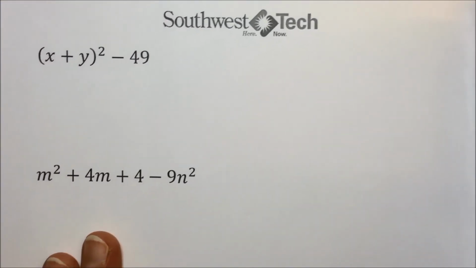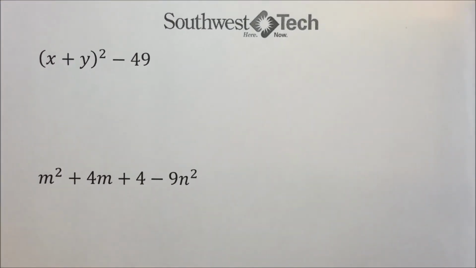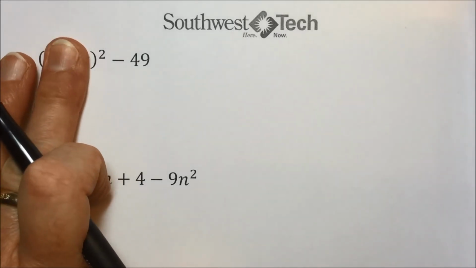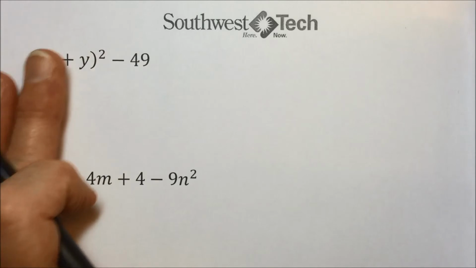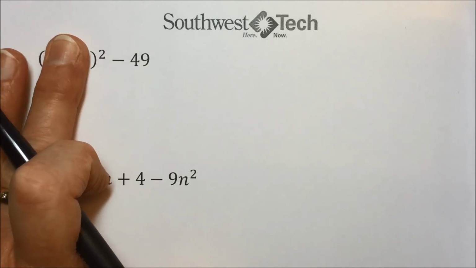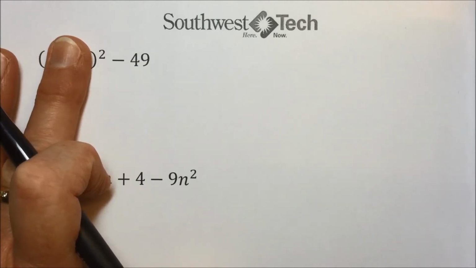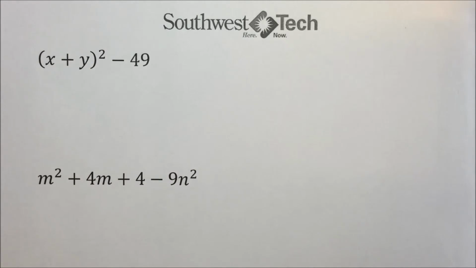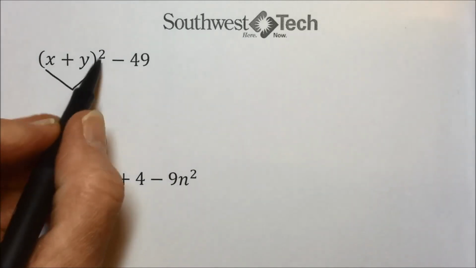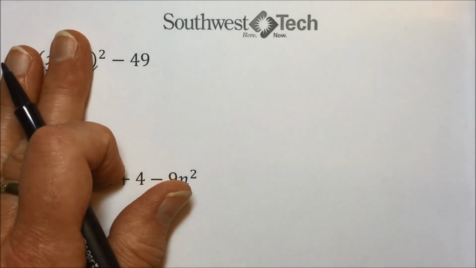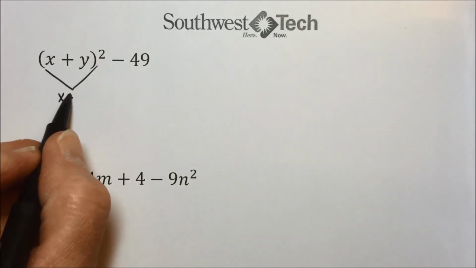A couple other special versions here of difference of squares. Here we have something squared minus 49. This clearly is a square, whatever that is, regardless of its complexity, and 49 is a perfect square. Square root of a term to the second power is that term.